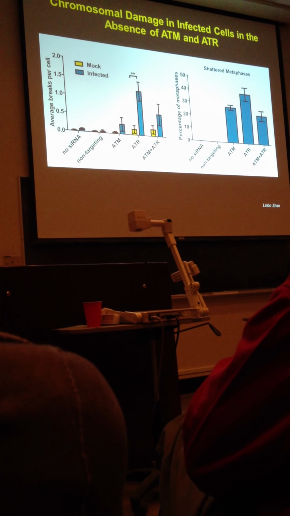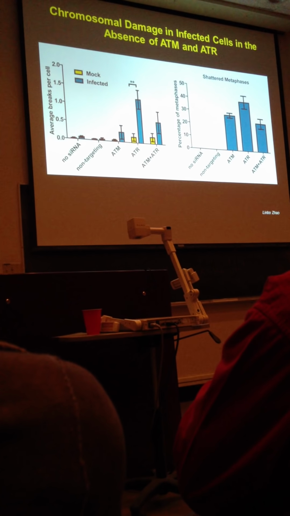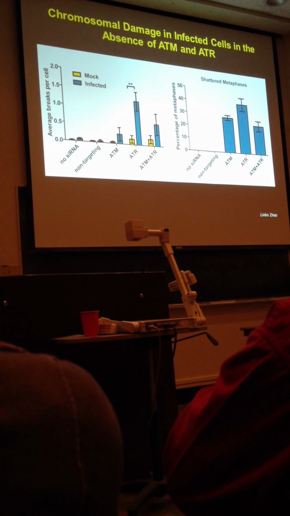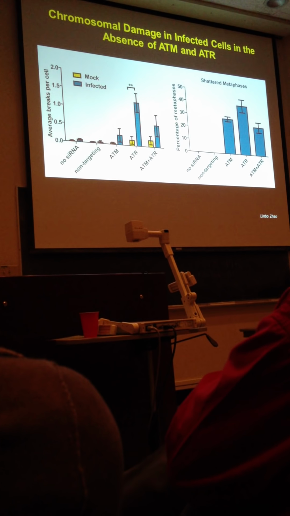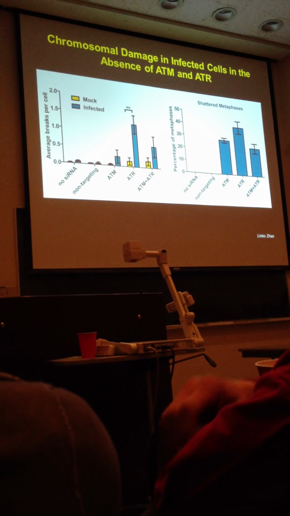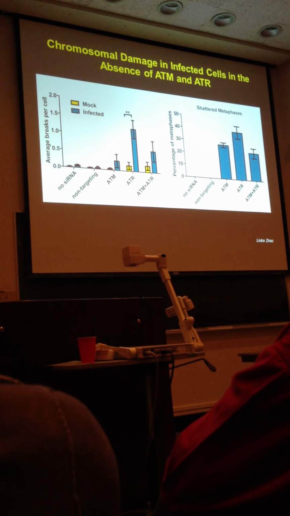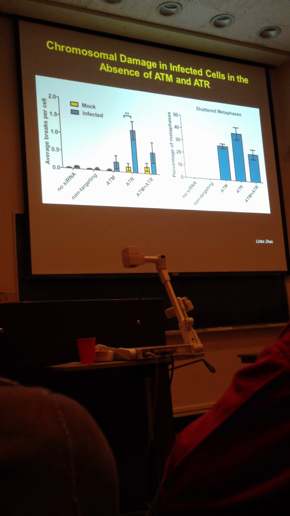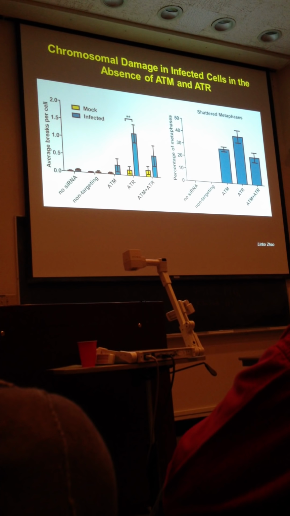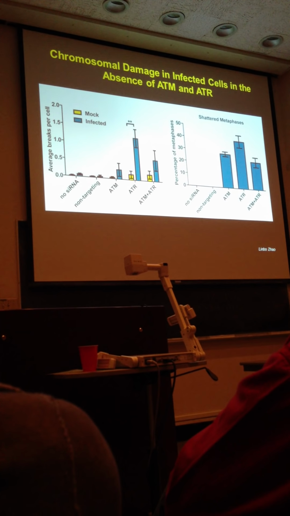And this is actually what we saw when we have a combination of BKV infection as well as the ATM or ATR knockdown. Again, if you just have the knockdown without the virus, nothing happens. Everything seems normal. If you have the virus but no knockdown, again, things are mostly normal.